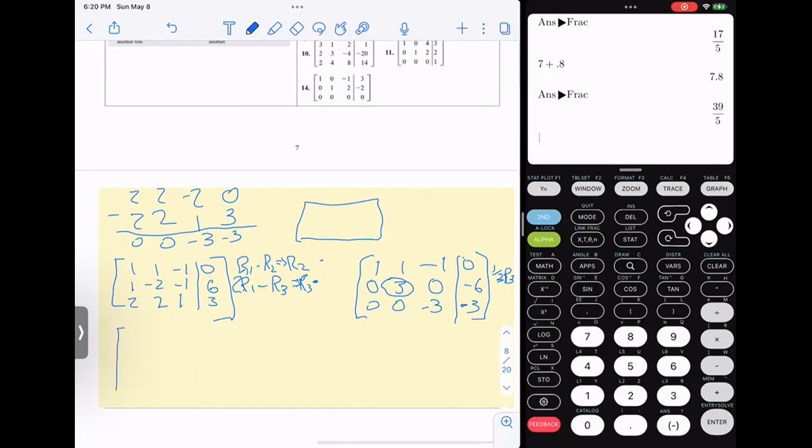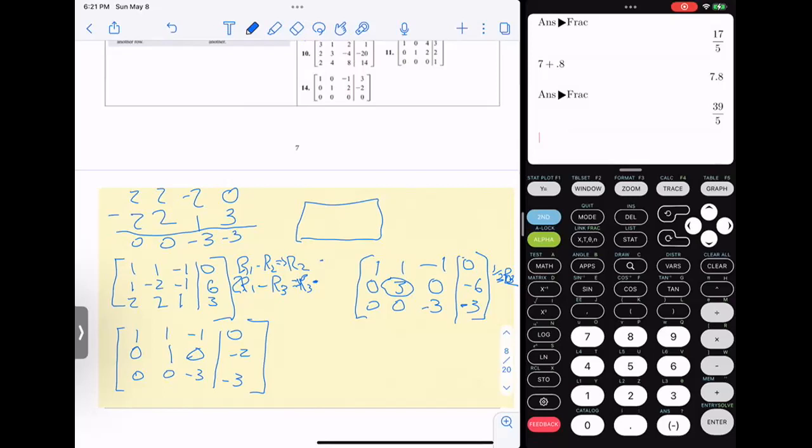So if we divide row 2 by 3, sorry, I kept saying row 3, we'll get 1, 1, -1, 0 for row 1, because that's not changing. Row 3 isn't changing. However, this row, we want to divide by 3. Well, 0 divided by 3 is 0. 3 divided by 3 is 1. 0 divided by 3 is 0. -6 divided by 3 is -2. So we just basically divided that whole row by 3.